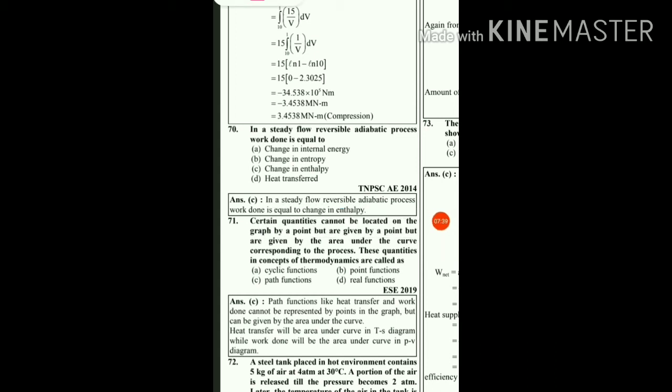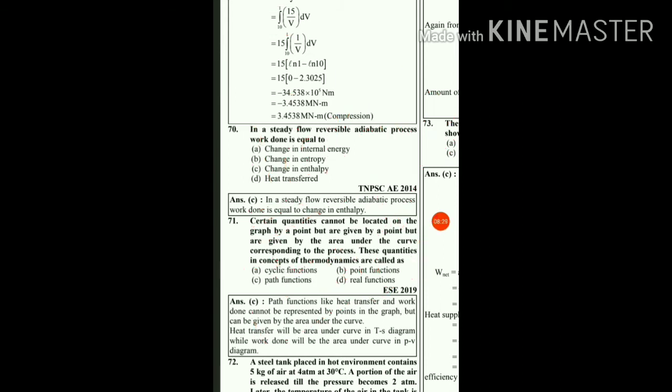If you apply the steady flow energy equation, that is H1 plus Q is equal to W plus H2, suppose you apply the equation for any open system where energy and mass cross the boundary of the system.